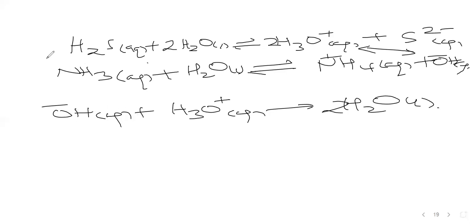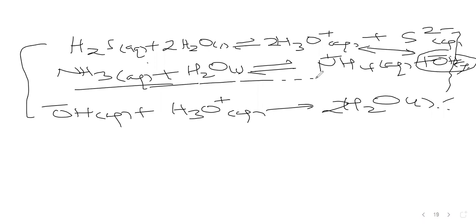So in the presence of ammonia solution, the hydroxide ions formed from the partial ionization of the weak ammonia solution in water react with the hydrogen ions from ionization of hydrogen sulfide to form water. That reduces the concentration of hydrogen ions.